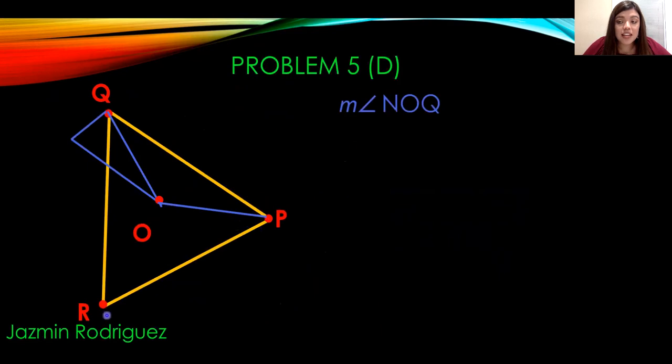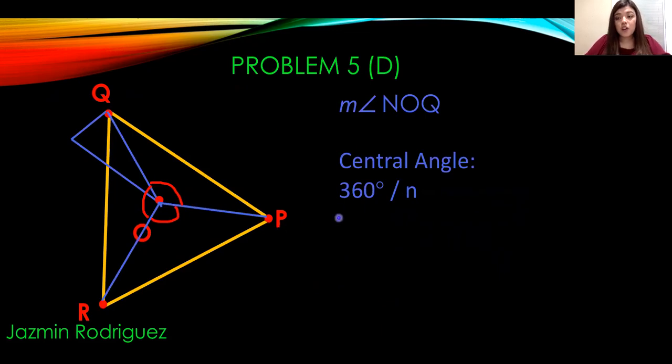Now, if we were to connect every vertex point to the center point here, we would create the central angles. So let's do that. As you can see, we've created 1, 2, and 3.